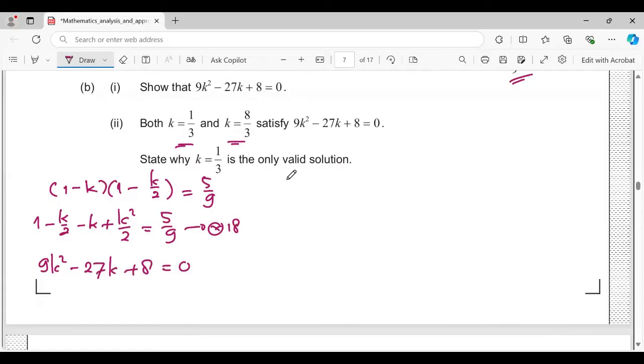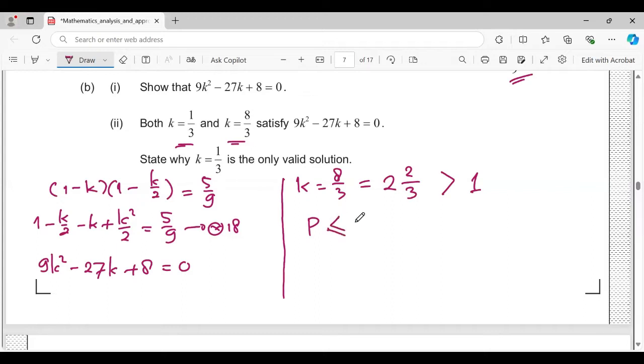Of course, because if k equals 8 over 3, this is 2 2 over 3 and greater than 1, while a probability is never greater than 1.